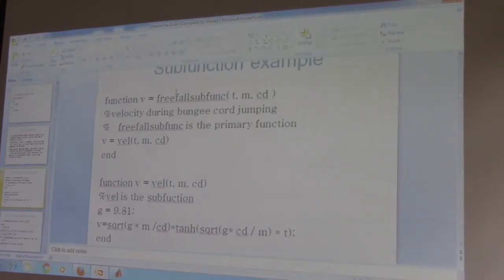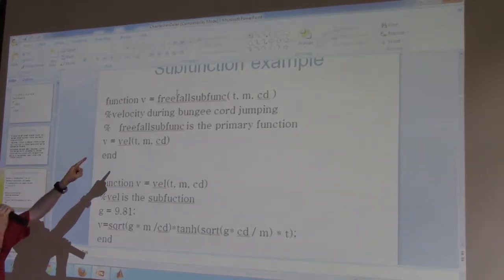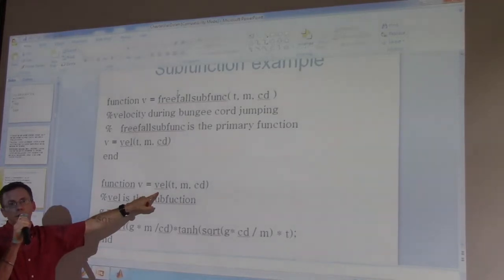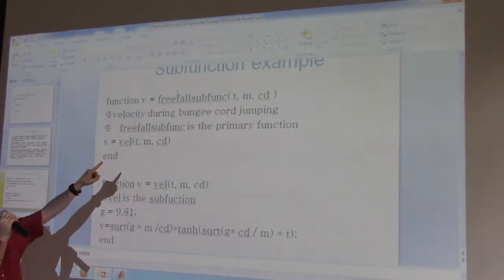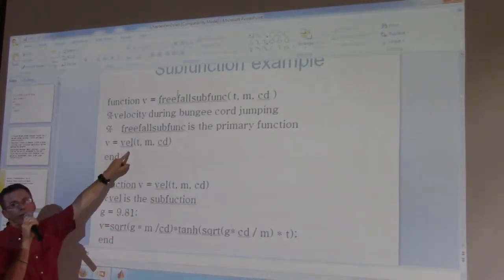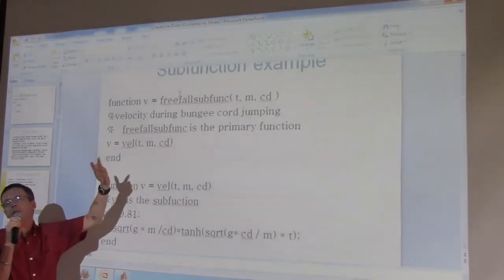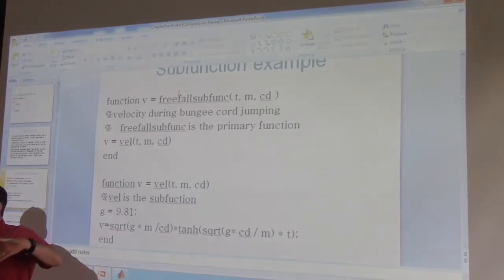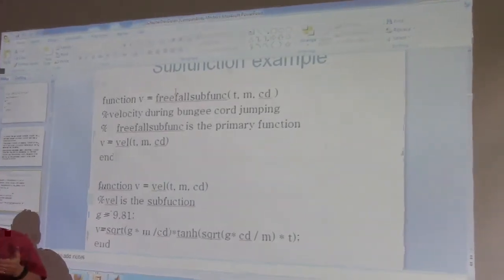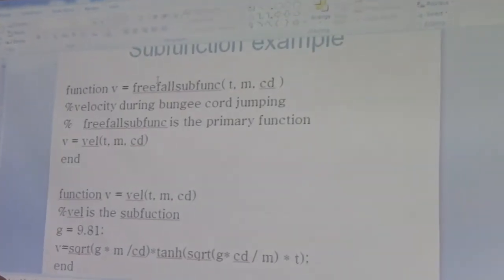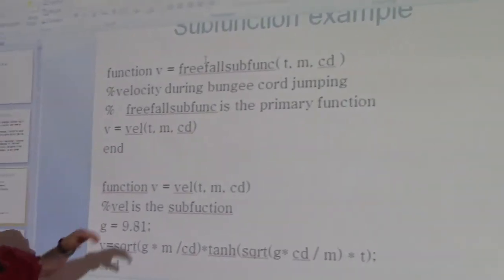So this is a function. The free-fall sub-func is the function. The vel is the sub-function. So the free-fall sub-func calls the vel, and the script cannot see it. When I say the script, I mean the script or the command window, either one. We're using the command window. So the command window cannot see the vel.